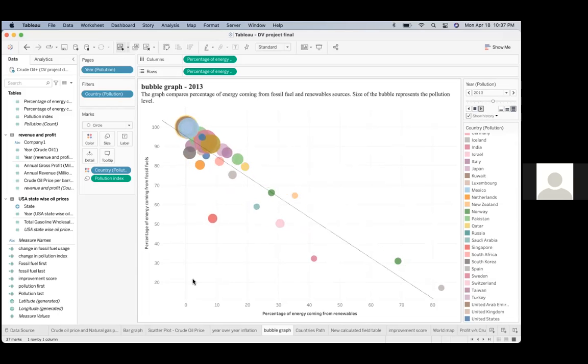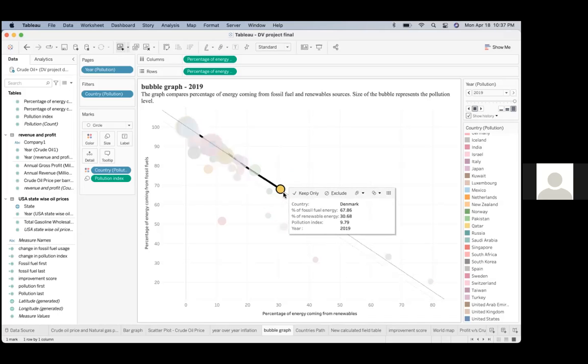So here, as we can see, as the time goes on, a lot of countries are spreading up towards the northeast direction, which is a good thing, which shows that a lot of countries are moving towards renewable resources and reducing the usage of fossil fuel, which in turn impacts their pollution index. So for example, we can see Denmark.